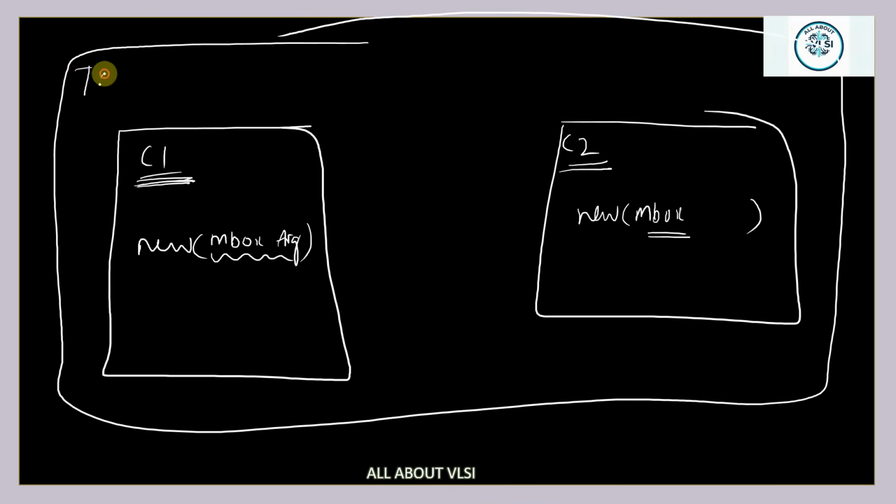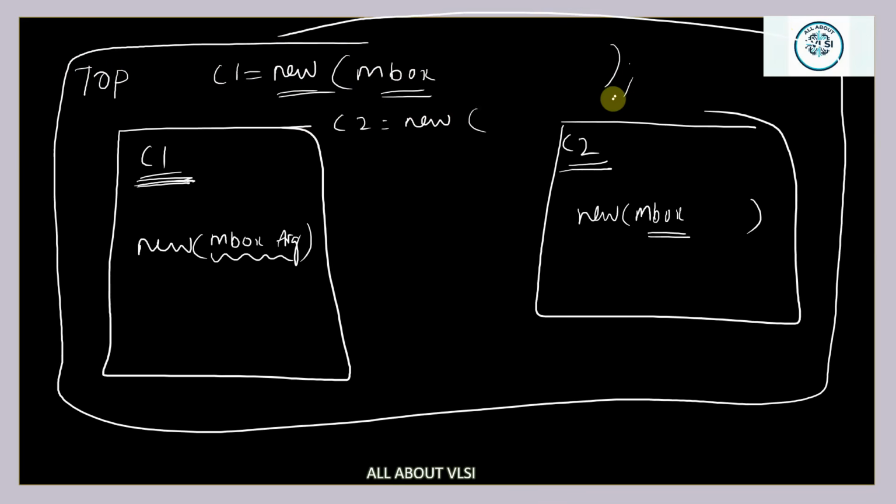So the top module is going to create the instance of your C1 using the new method, and whenever it is creating, it is going to pass the instance of the mailbox. And C2, whenever it is going to create the instance, it is going to pass the instance of the mailbox.